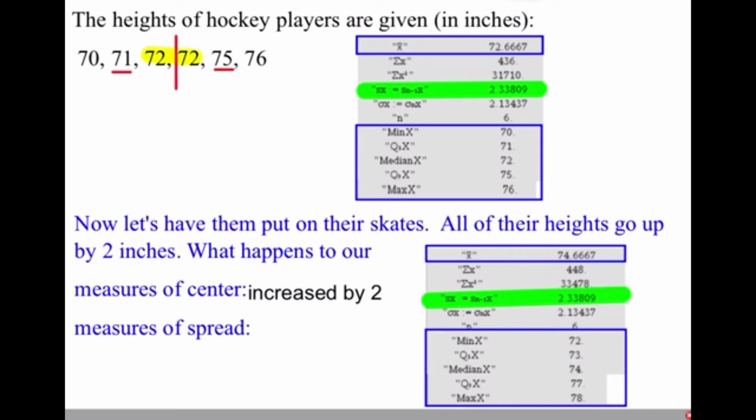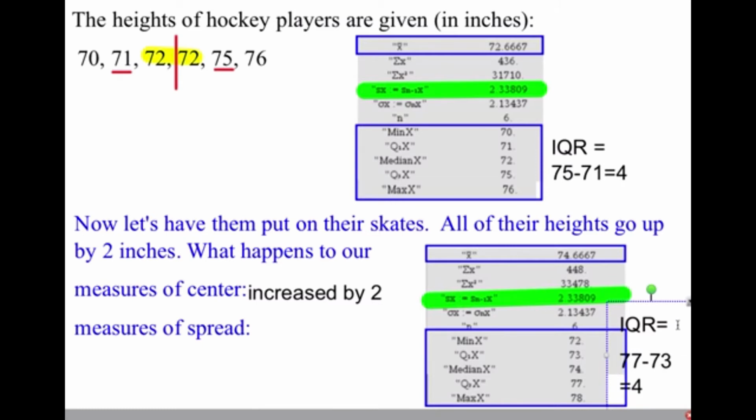Let's look at IQR, for example. IQR is Q3 minus Q1. So in this case, it would be 75 minus 71. We get 4. Look down here at the IQR. IQR here would be Q3 minus Q1 again, so this time it would be 77 minus 73, also equals 4.